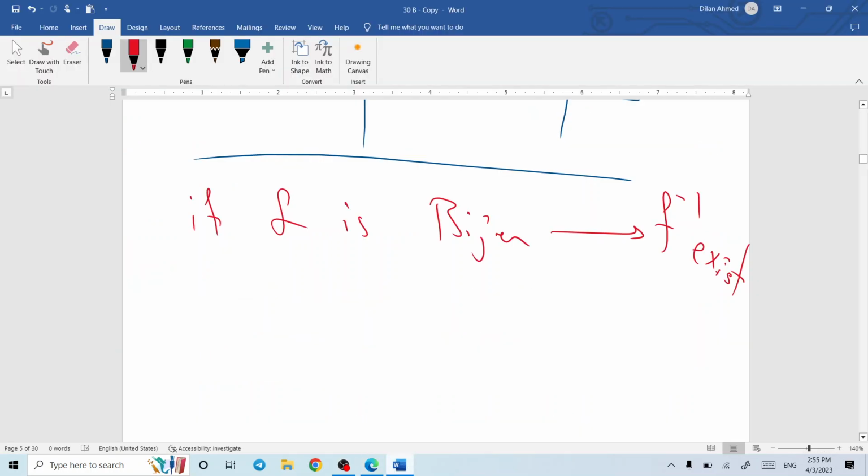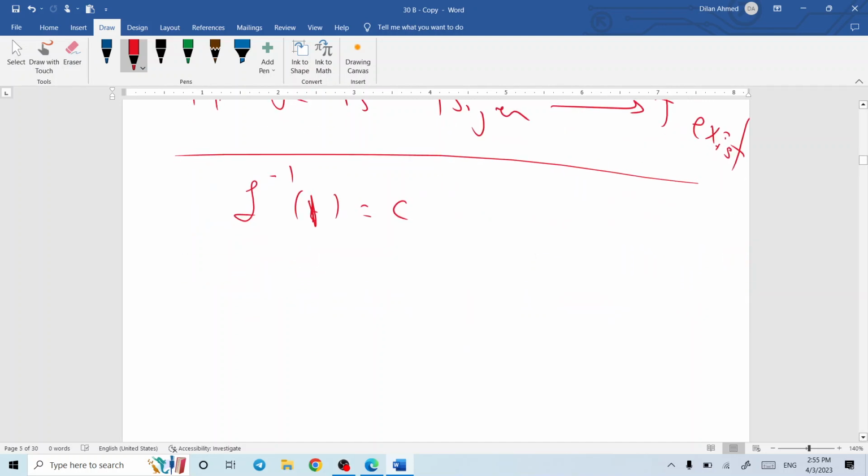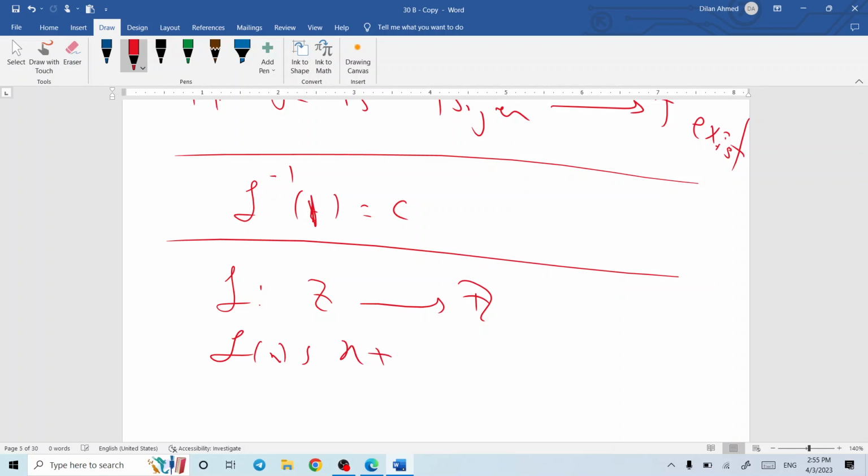So how do we find the inverse if the function is invertible, especially for continuous functions? Because here we solved it directly, saying it equals c. This is discrete. So if my question is like this: f from Z to Z, f of x is equal to x plus 1, find f inverse if it exists. Maybe it does not exist.